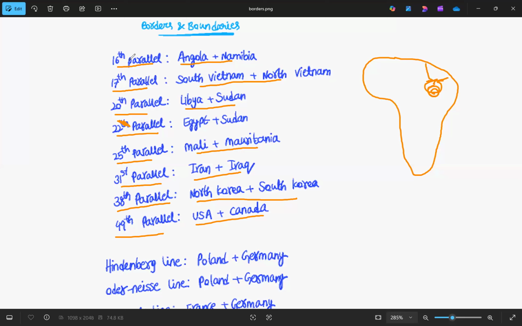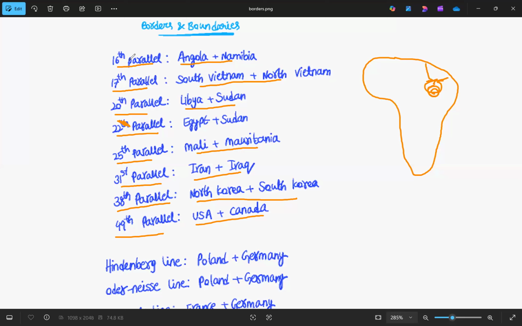The next one is the 25th parallel. It separates two countries, Mali and Mauritania. The next one is the 31st parallel. The 31st parallel divides Iran and Iraq. The next one is the 38th parallel, which demarcates the boundary between North Korea and South Korea.